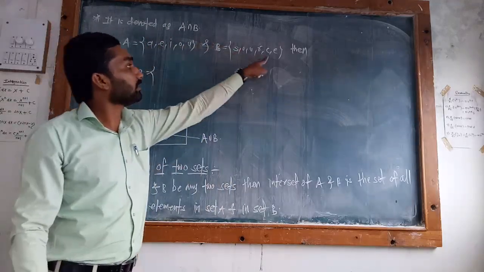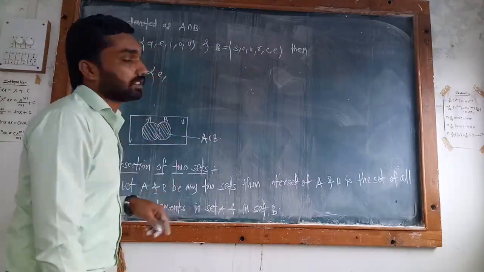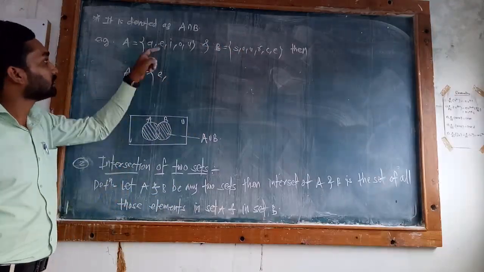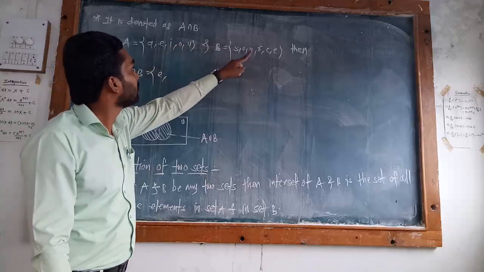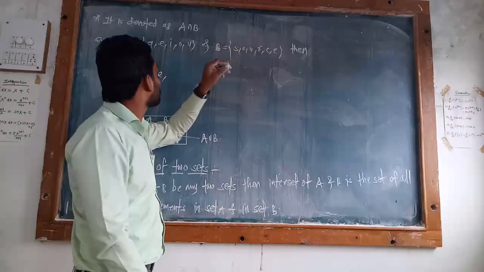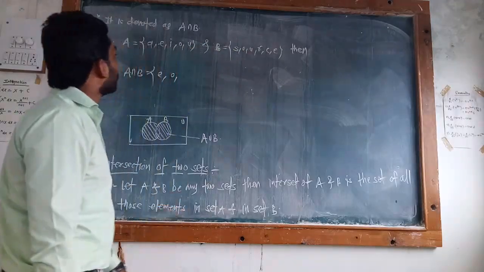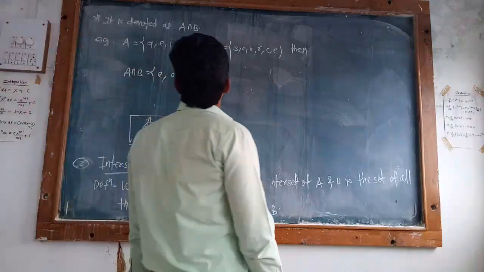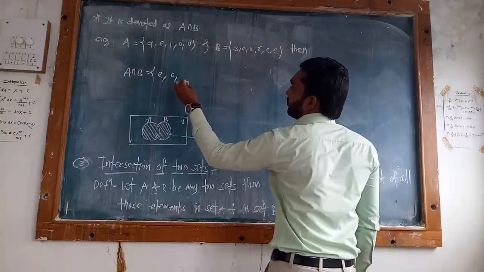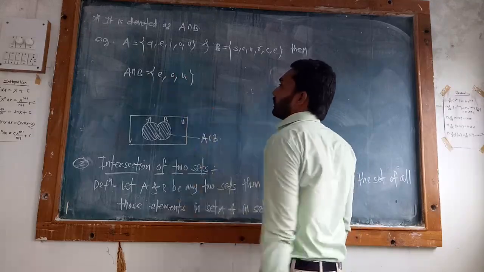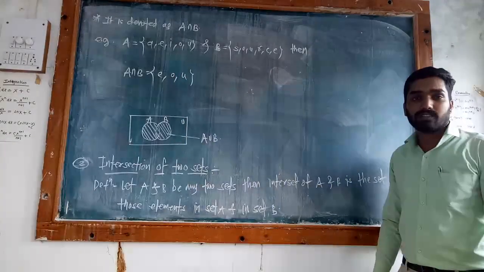No. Is e common? Yes, so e is also an element in that set. Is i common? No. Is o common? Yes. Then what is the next element? Is u common? Yes. So what is your A intersection B? That is e, o, u.